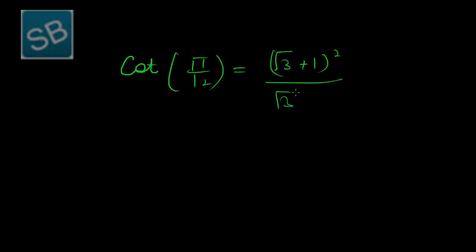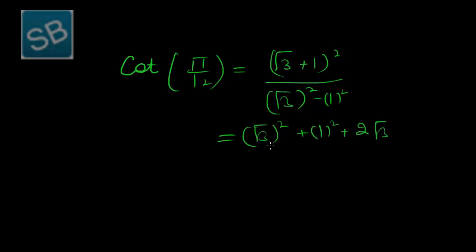So cot pi by 12 is equal to (under root 3 plus 1) whole square over under root 3 square minus 1 square, that is a square plus b square plus 2ab over 3 minus 1.